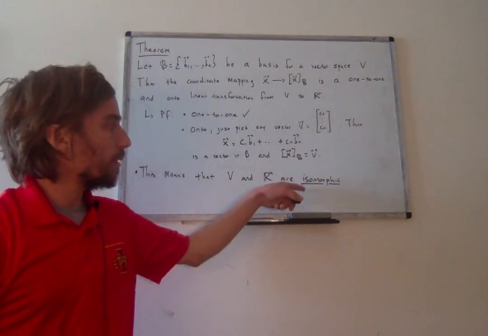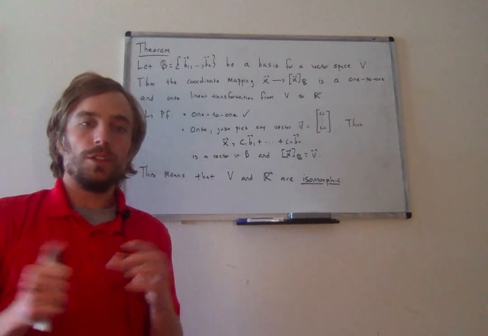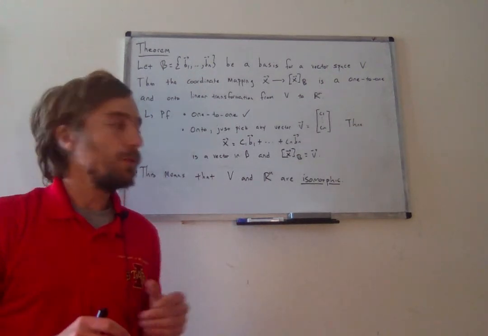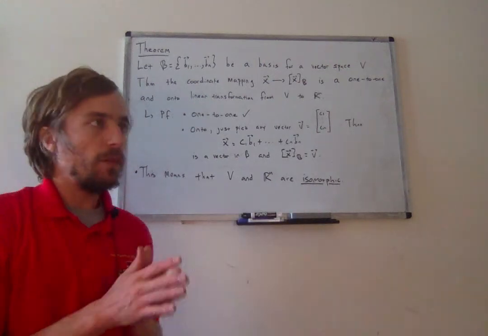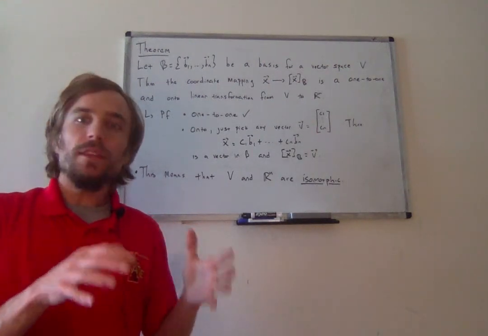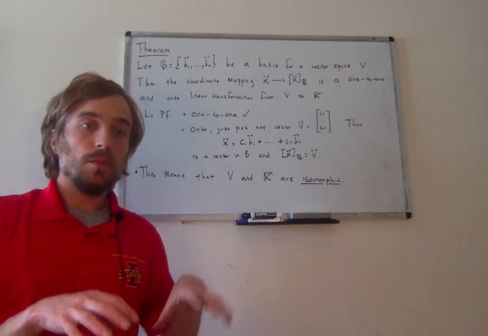Isomorphic just means that there is a one-to-one and onto linear transformation from this space to this space. And isomorphic in math basically means that, in the context in which we're looking at them, they're the same.